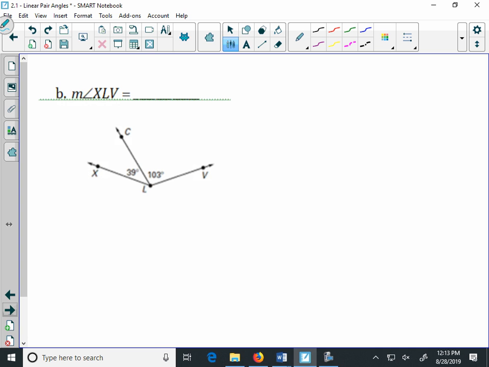You want to find the angle XLV. Well, what do we have to do with 39 and 103 to find that angle? Add them. That's the angle addition postulate. What do we get when we do 39 plus 103? 142. So the measure of the big angle, this whole angle, is 142 degrees.